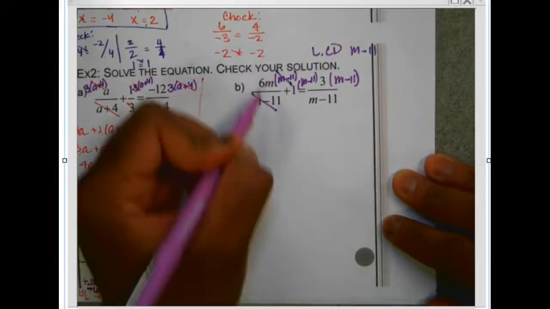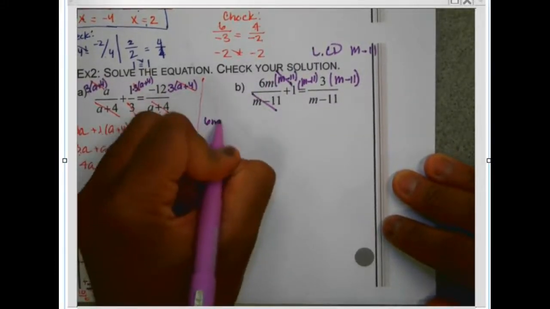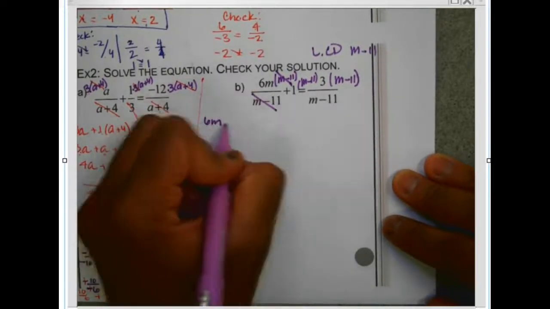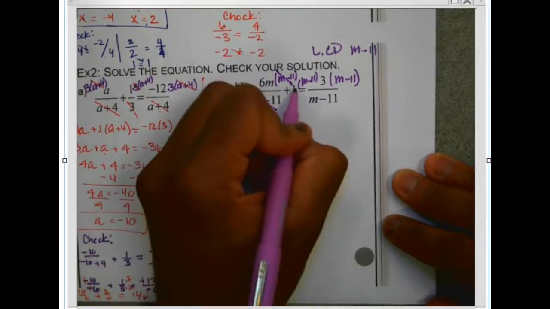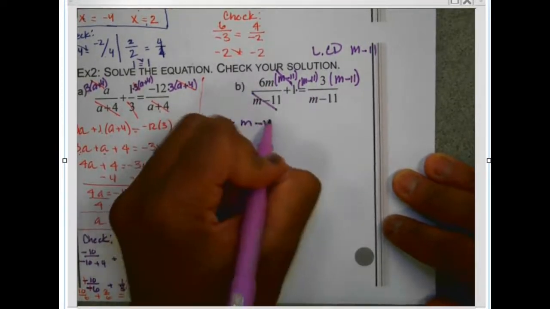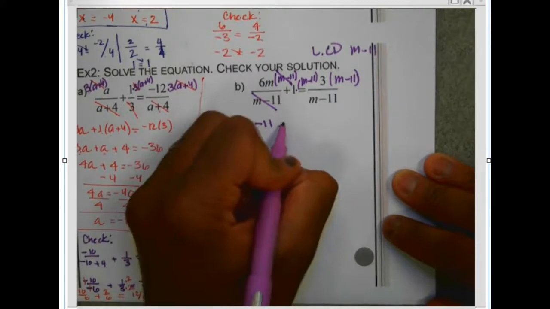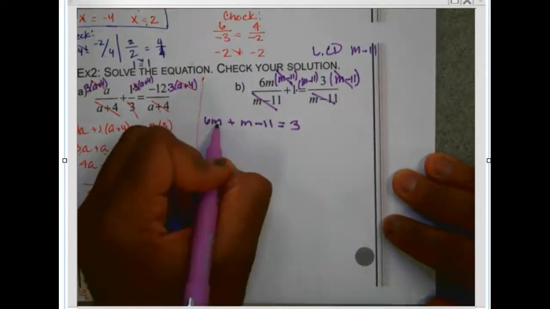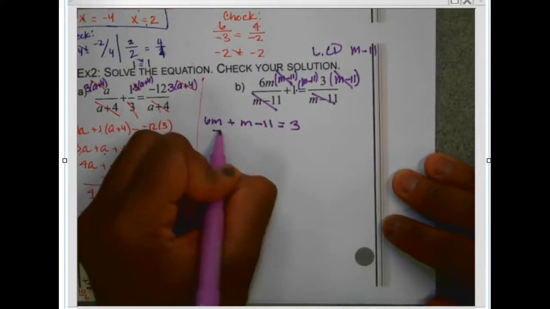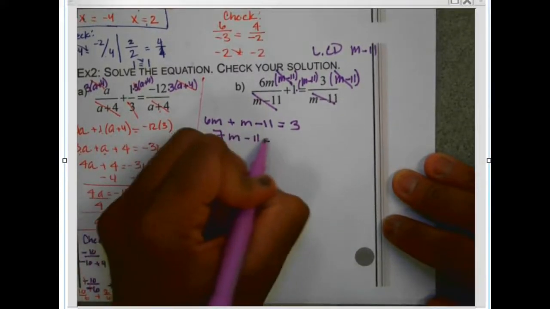These cancel out. What's left? 6m. Nothing cancels here. That's fine. I just have 1 times m, 1 times 11 minus 11. That's all that's left for this portion. Equals, cancel, 3. My like terms, 6m plus m is 7m minus 11 equals 3.